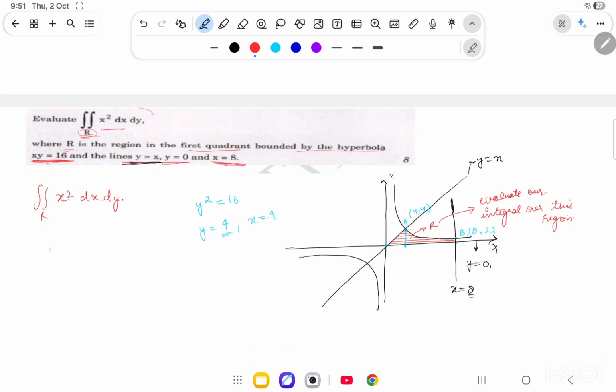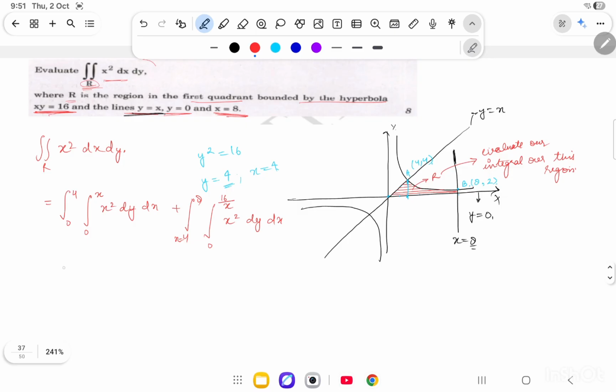So this area is equal to integration x from 0 to 4 and y from 0 to x, x square dy dx, plus integration x from 4 to 8, and y varying from 0 to 16 by x, x square dy dx.